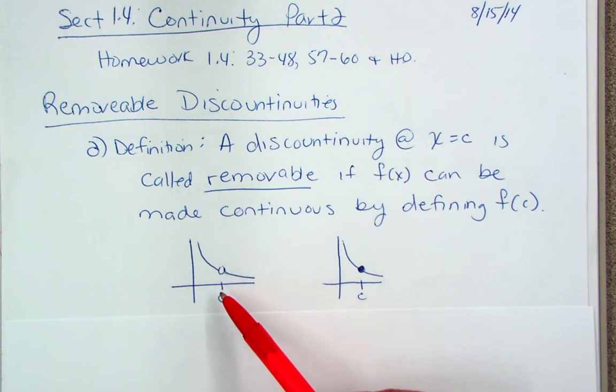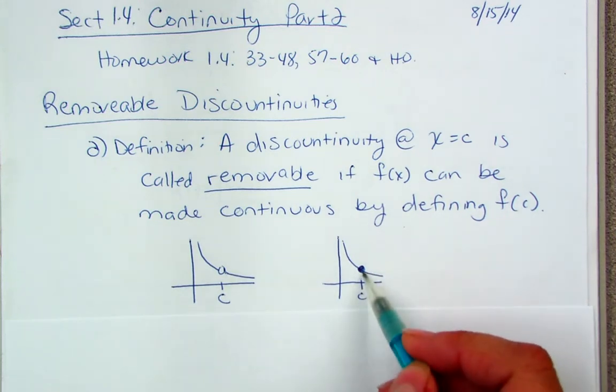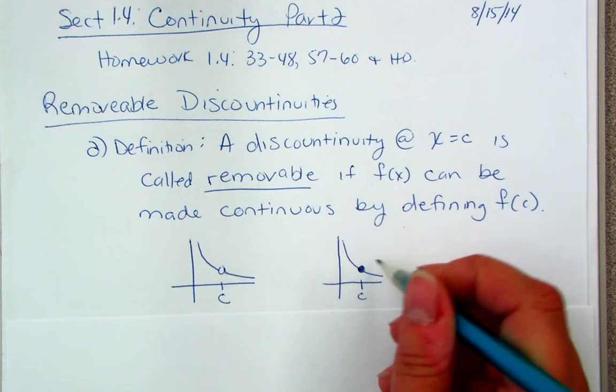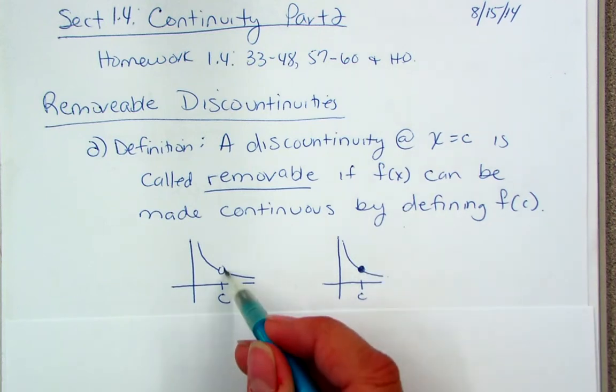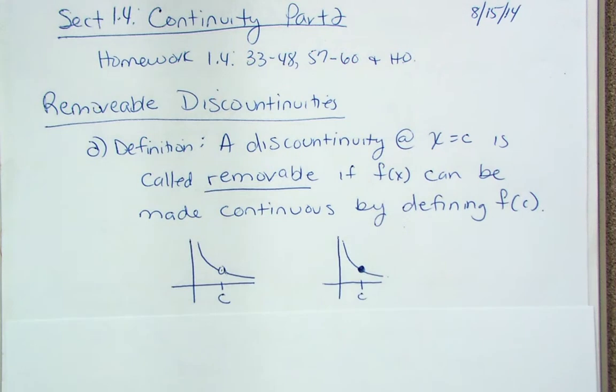It is discontinuous. If I could fill it in with just one single dot, and of course it's bigger just so it's exaggerated so you can see it, and now it's continuous everywhere, then this is called a removable discontinuity. If I could just take my pencil, put one dot, and it would be continuous all the way through, then this is a removable discontinuity.